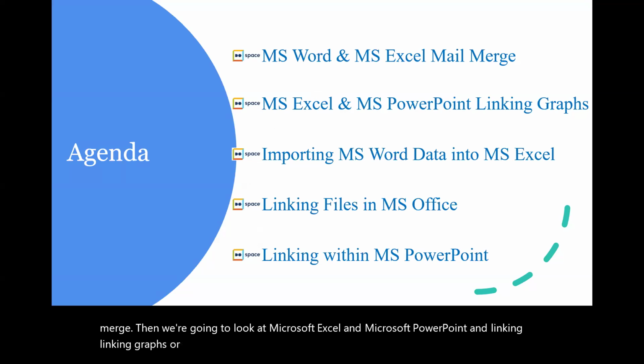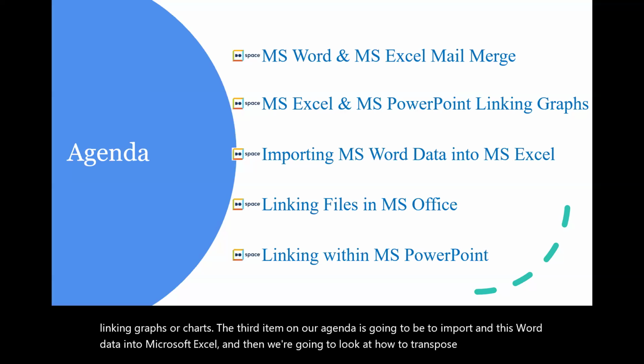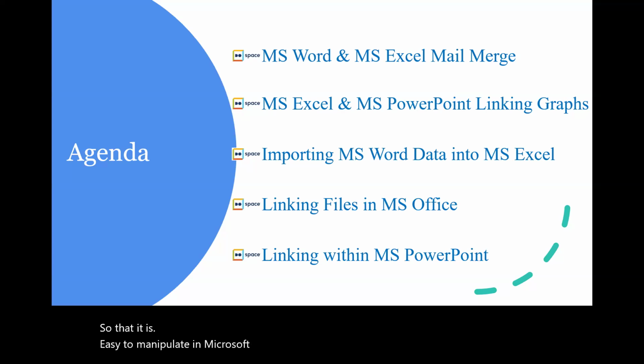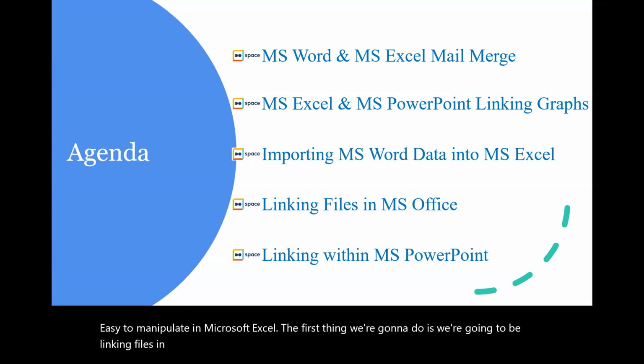The third item on our agenda is going to be to import MS Word data into Microsoft Excel, and then we're going to look at how to transpose that data so that it is easy to manipulate in Microsoft Excel. The fourth thing we're going to do is link files in Microsoft Office, and we're going to be linking within Microsoft PowerPoint.